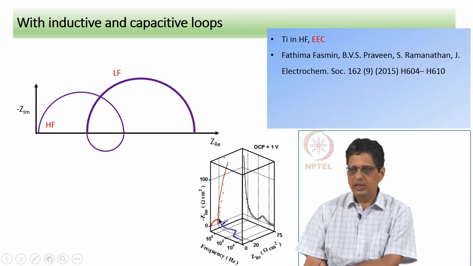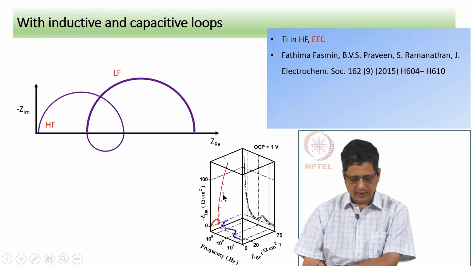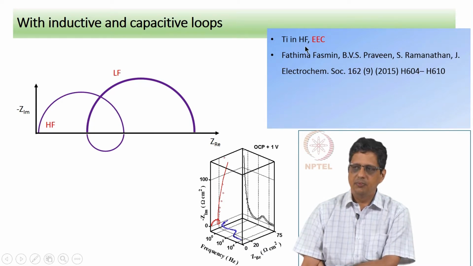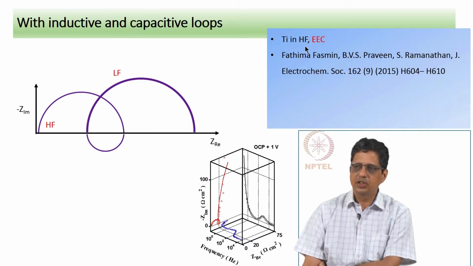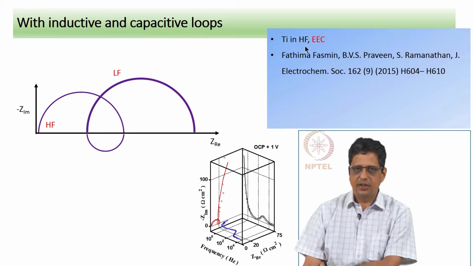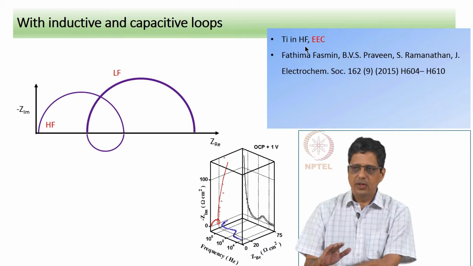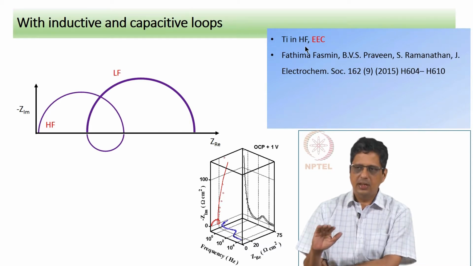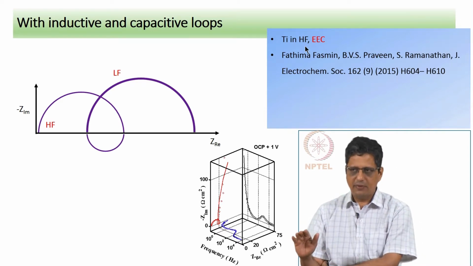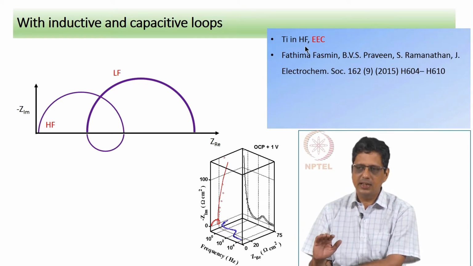This is modeled using electrical circuits in this particular case for Ti dissolving in HF at high DC potential, meaning a large anodic potential where transpassive dissolution occurs. So, initially in this case active dissolution occurs, that means the surface is not covered by protective oxide. Then current decreases with an increase in potential.